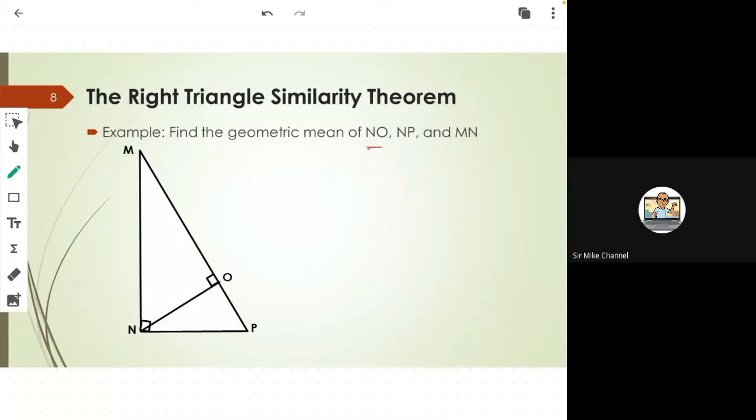So, number 1, find length NO. Meron din itong part na yan. NO. Okay. So, ito yung altitude. Tama po ba? Okay. Ano yung hypotenuse natin? Ito yung line segment ME. Okay. So, ano yung dalawang line segment natin para makuha natin yung geometric mean ng NO? Okay. Ano idea? Galicia.